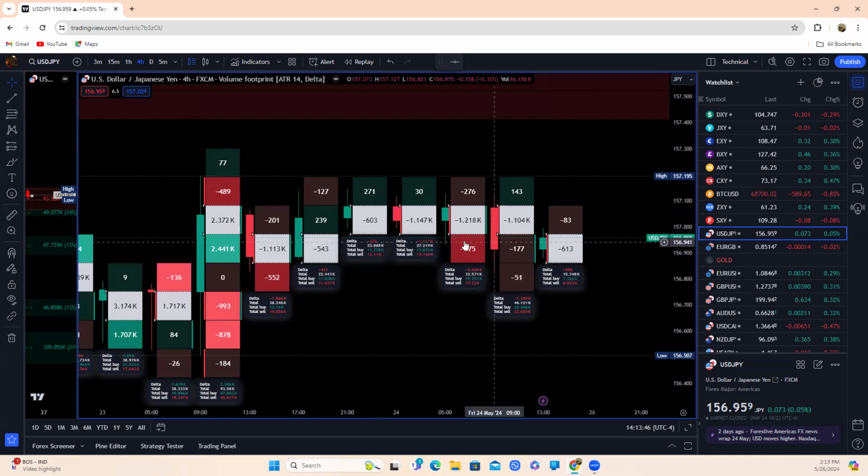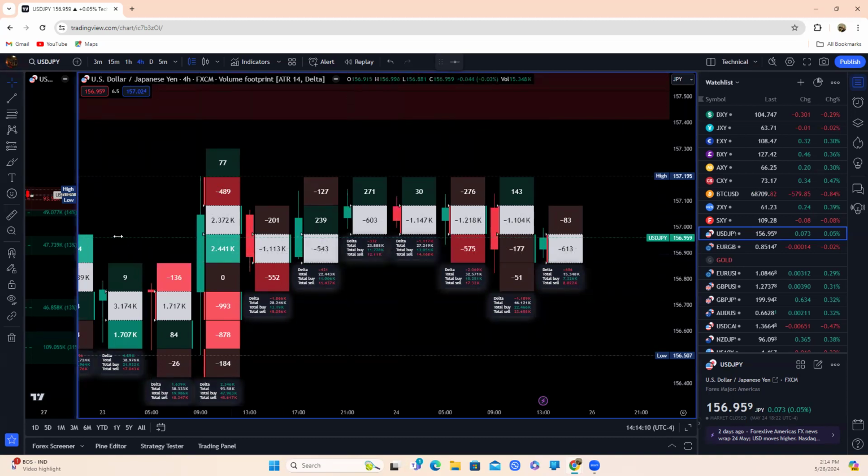So again, with the footprint chart, we get to see the actual activity and volume going on within each of these candles. Remember, this is the 4-hour candle, so obviously the volume is going to be quite a bit more than you'll see on a 1 hour or 15-minute. But again, we're getting a higher time frame bias.